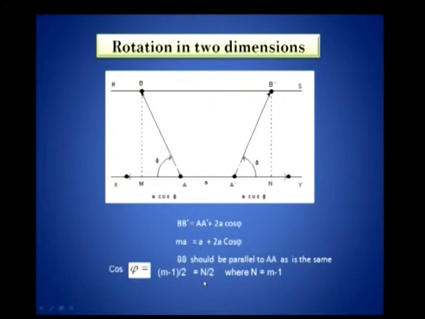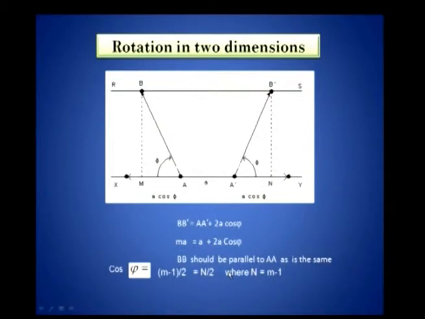These are the 2 points to be remembered. What we have done is look at a 2-dimensional lattice, and in it we have rotated this vector through an angle phi, and we end up with B B prime. This little bit of mathematics ends up with the equation cos phi equal to n by 2.